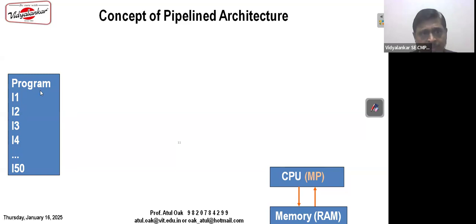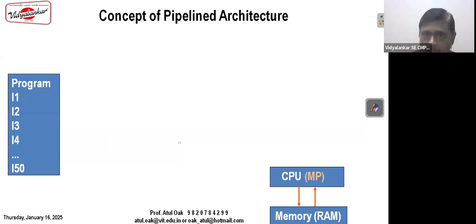Let us assume I have a program with 50 instructions. Assume those instructions can be in C language, assembly language, or Java, because finally everything comes in binary. This program is executed by the 8086 processor, and this program is stored in RAM.